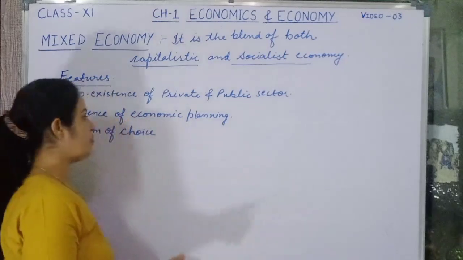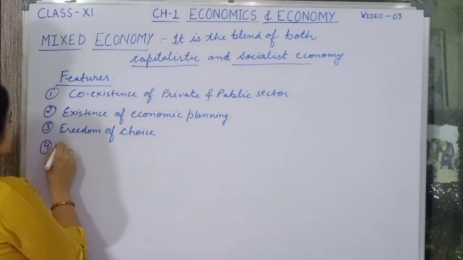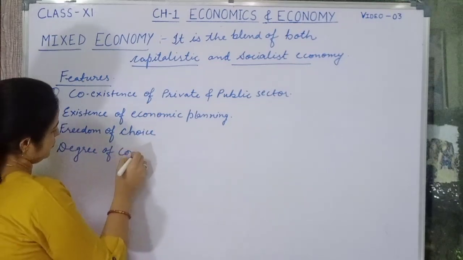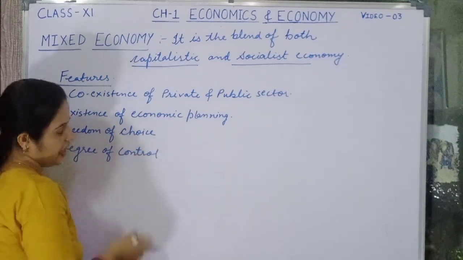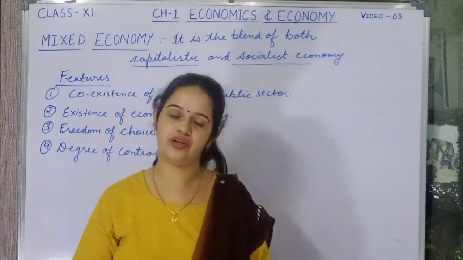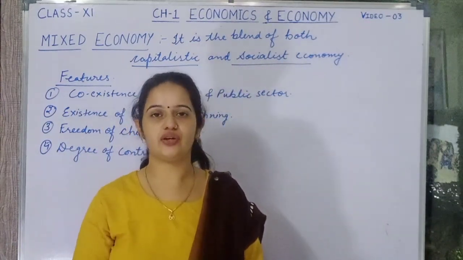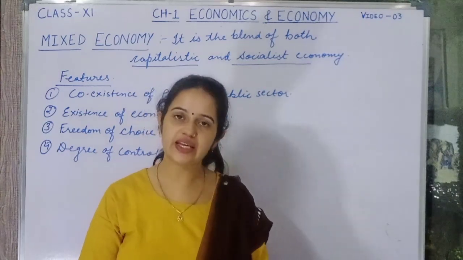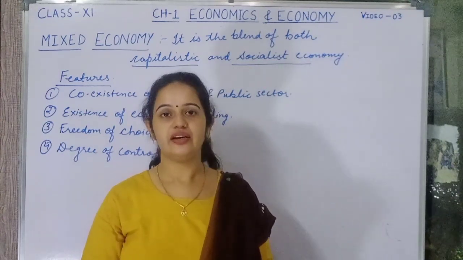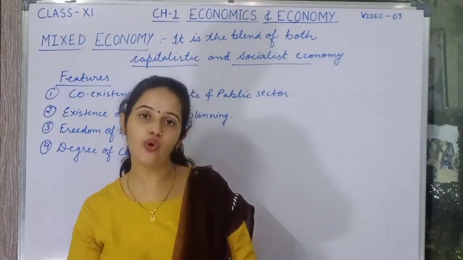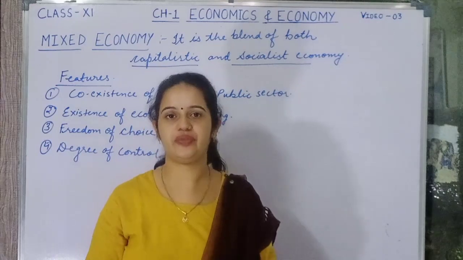Now we talk about the fourth feature, that is degree of control. In private sector, government has no control, but in public sector or socialist economy, government has full control. So we can say that the degree of control here is neither very low nor very high.